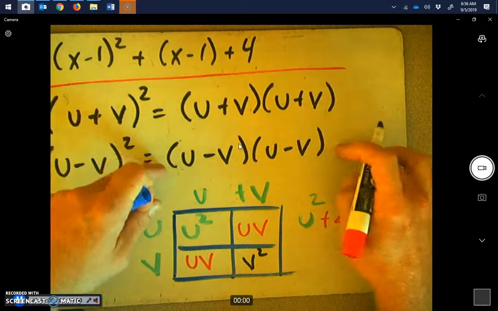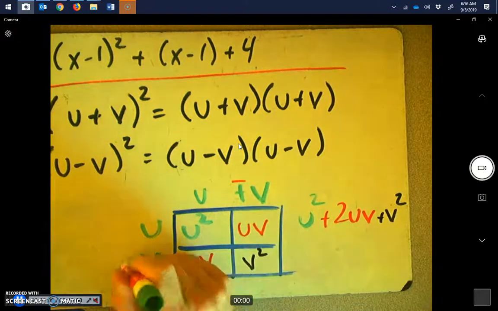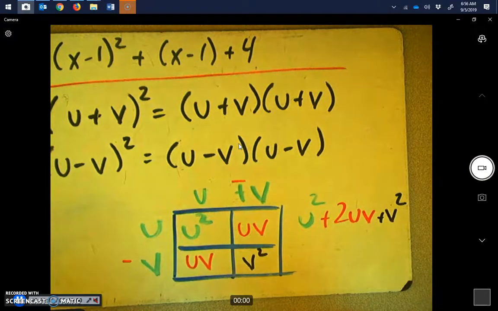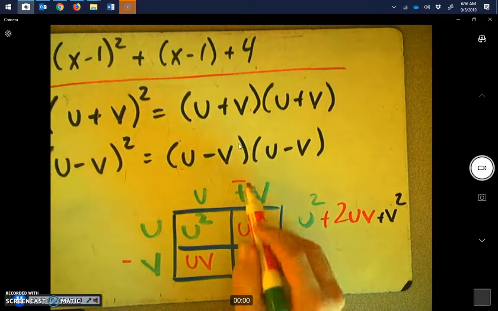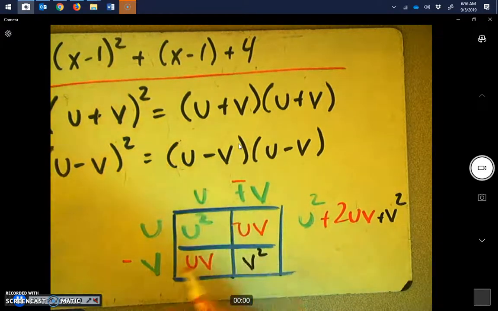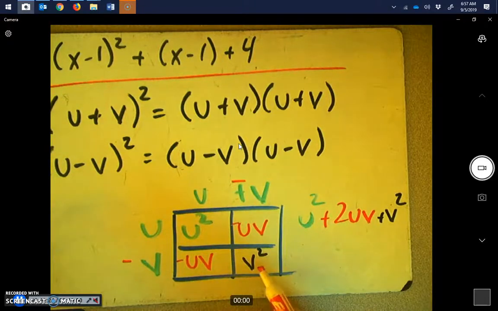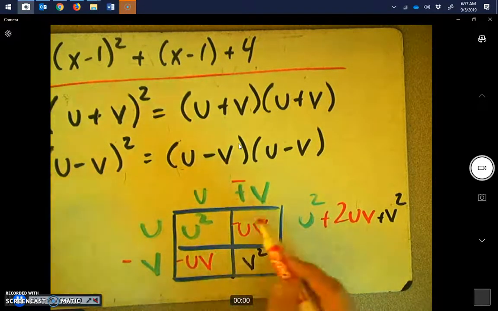Okay, now let's go do the second one, the negative one. And there's a reason why these are grouped together. So that's negative and that's negative. Well, what's the thing that changes? The only thing that changes are these two red ones. They now become U times negative V is negative, and U times negative V is negative. Negative times negative is still a positive V squared, and this is untouched.